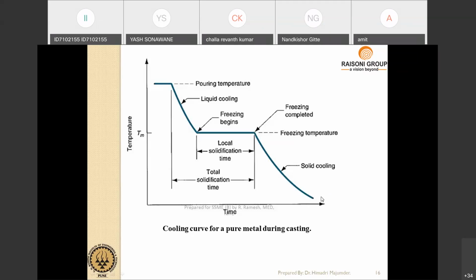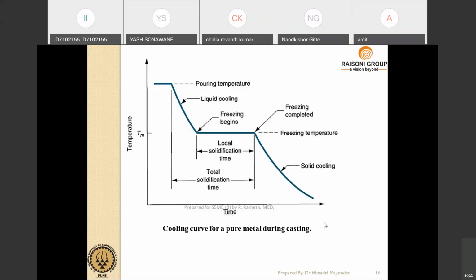When it comes to room temperature following the solid cooling, you can take out the material, the pure metal. So this is a cooling curve for a pure metal during casting.